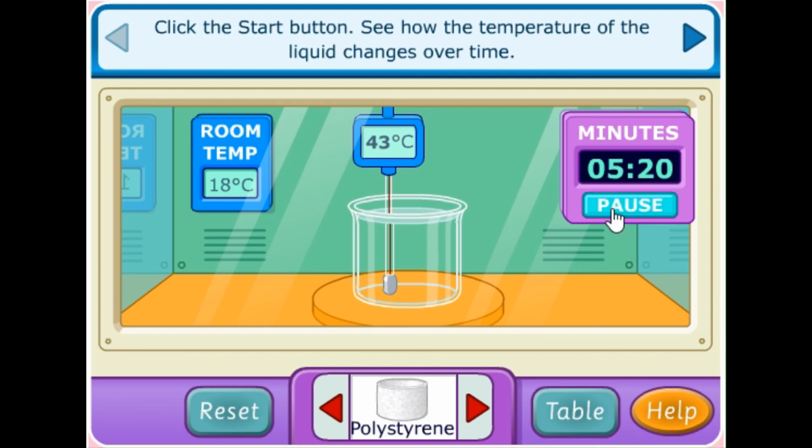It is decreasing since polystyrene is an insulator. Did you notice how polystyrene blocked the transfer of heat? The polystyrene is an insulator. It decreases or stops the transfer of heat.